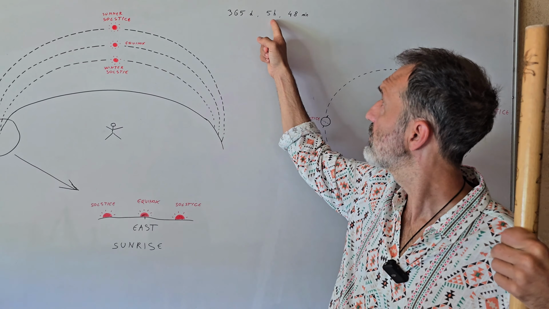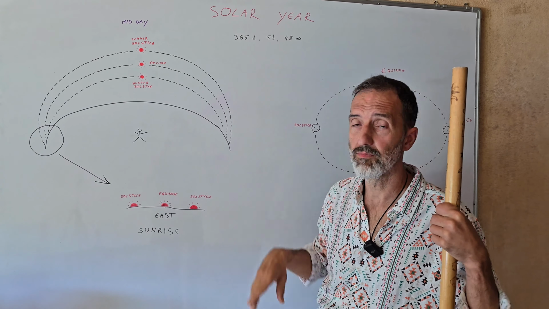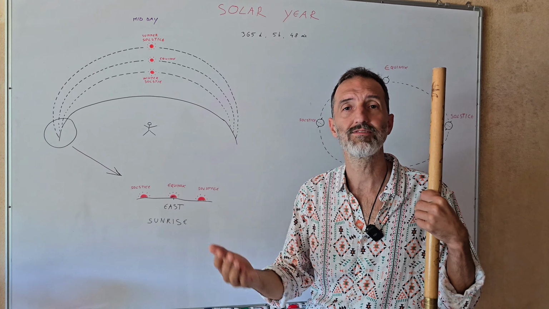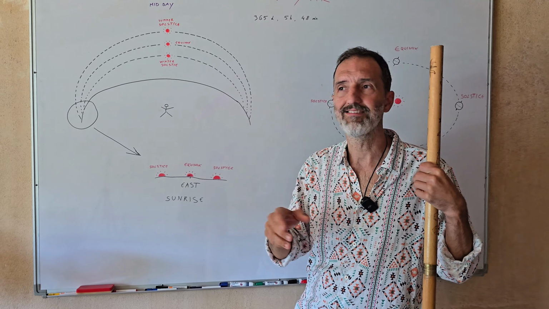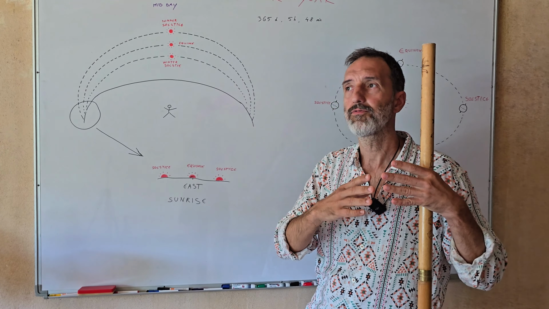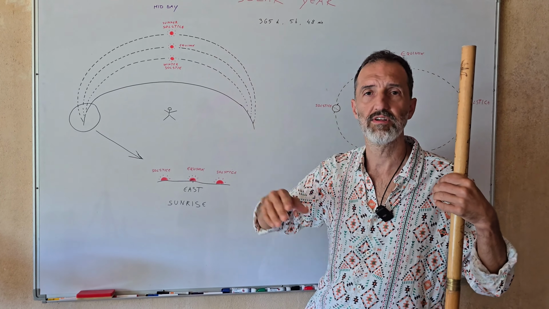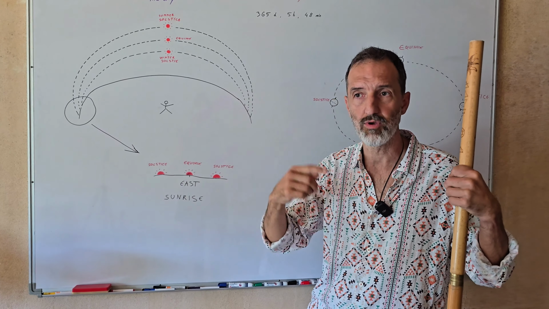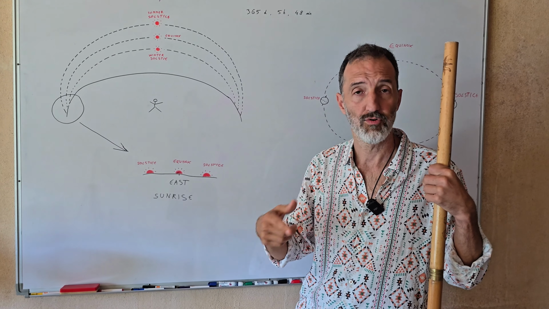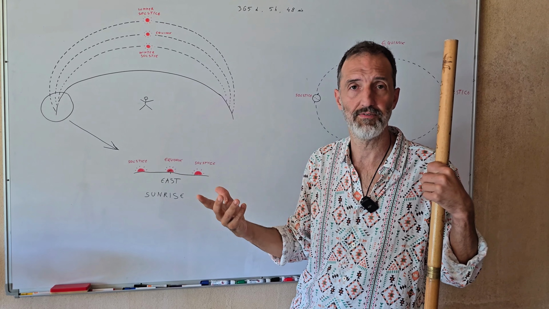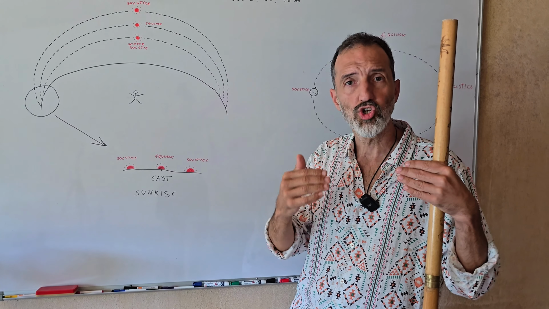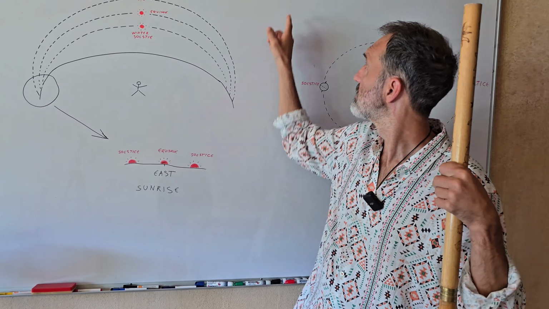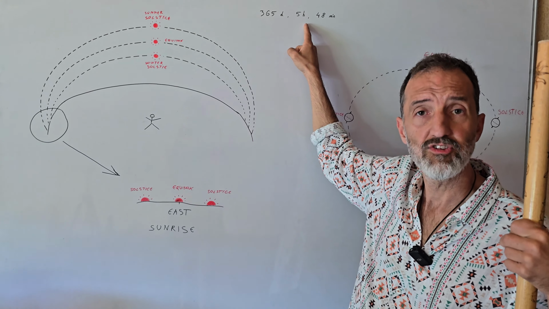Of course, how did they realize that it's 5 hours 48 minutes longer? This took more time because you don't see this in 1 year. But if you keep counting a calendar of 365 days, after 10 years the calendar will be much shorter, because the actual year is longer.